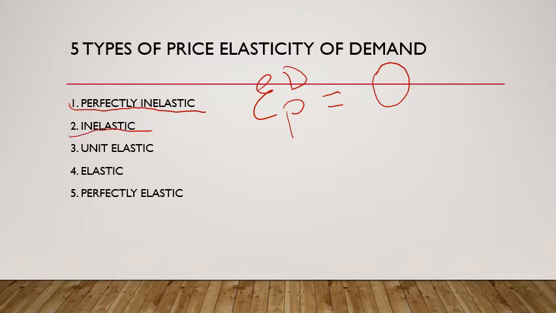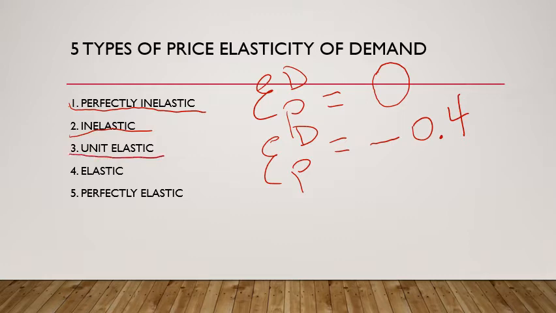For the second type, inelastic, we would show the price elasticity of demand in this way. Inelastic, negative 0.4. All right? I'll explain later what this means.